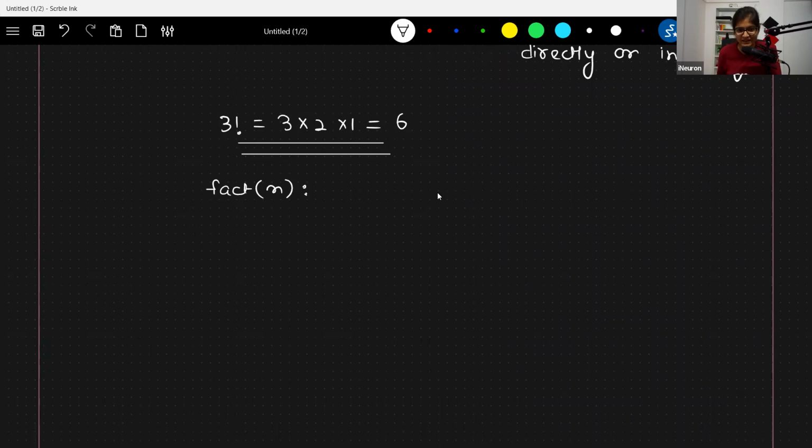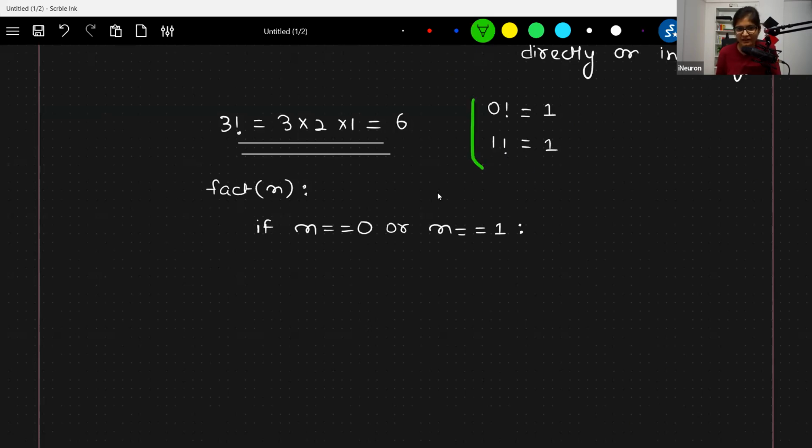Inside that, I am writing one condition: if the number n entered by the user is equal to 0, or if n is equal to 1, then do one thing for me. What is that thing? Can anyone tell me? What is the factorial of 0 and of 1? Both are 1. I hope everyone knows that the factorial of 0 is 1 and the factorial of 1 is also 1.